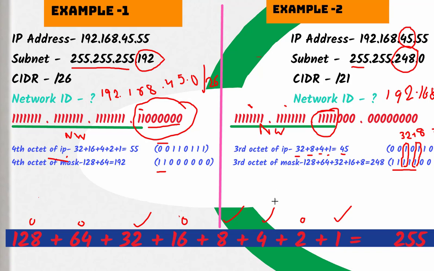It is a little bit tricky, but it's easy, right? So it is 192.168.40.0/21.